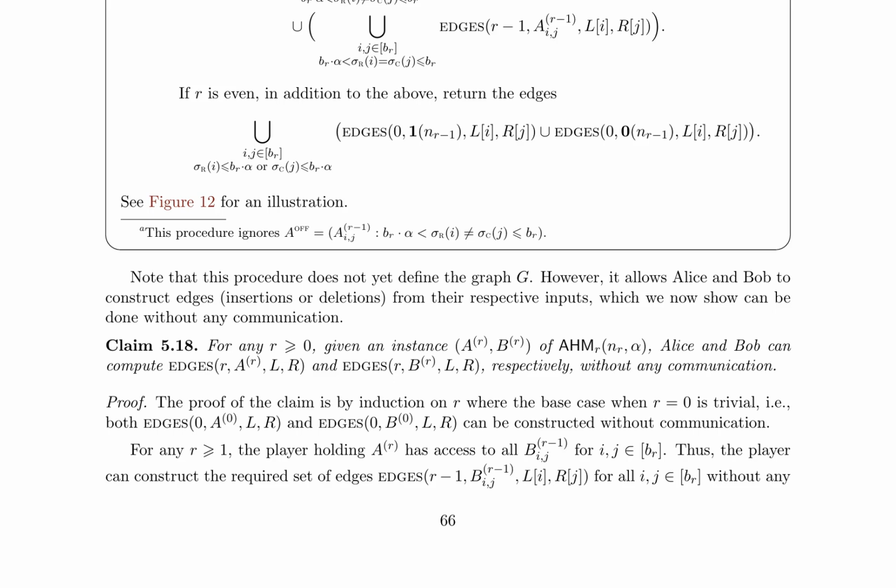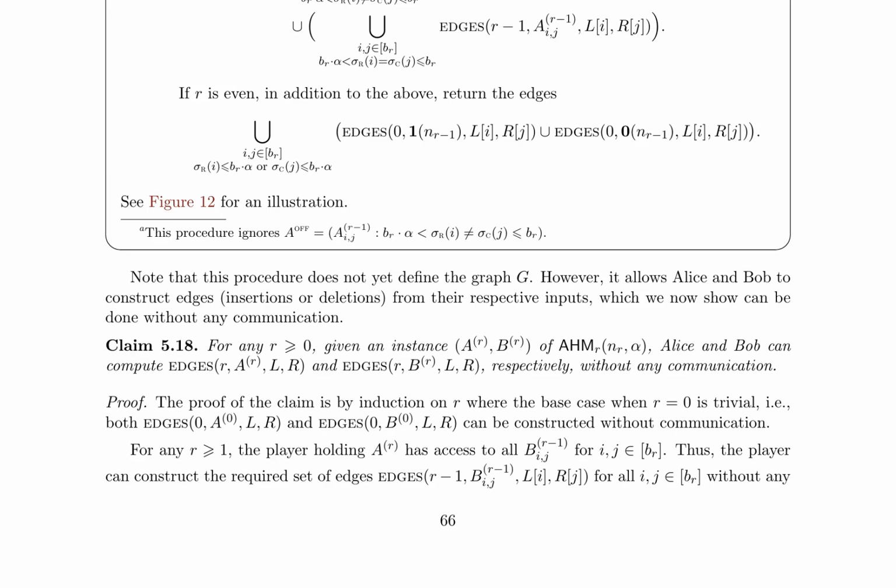The paper also claims that for any r greater than or equal to 0, given an instance (A_r, B_r) of AHM_r(n_r, alpha), Alice and Bob can compute edges_r(A_r, L, R) and edges_r(B_r, L, R), respectively, without any communication. The proof of the claim is by induction on r, where the base case when r equals 0 is trivial.